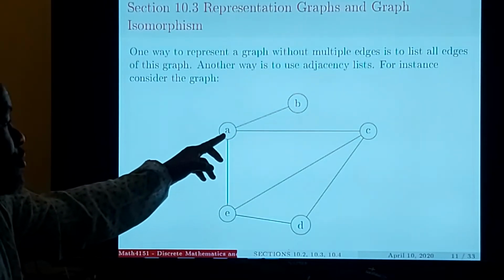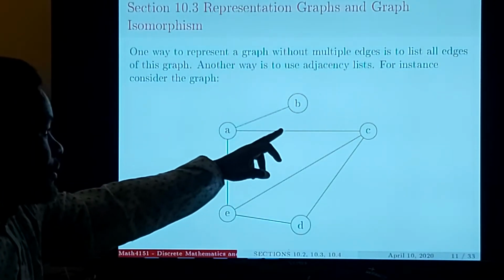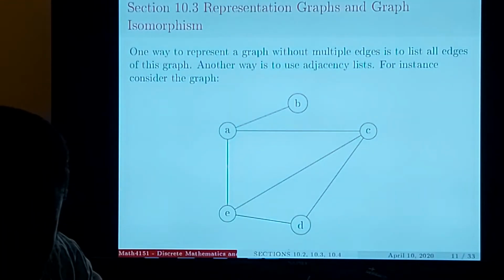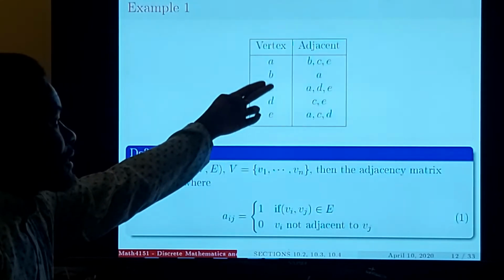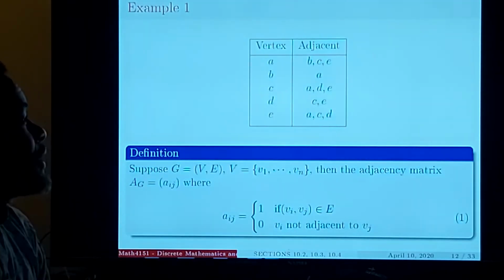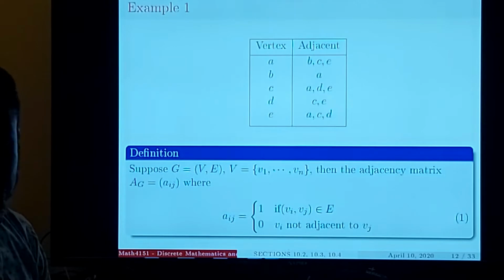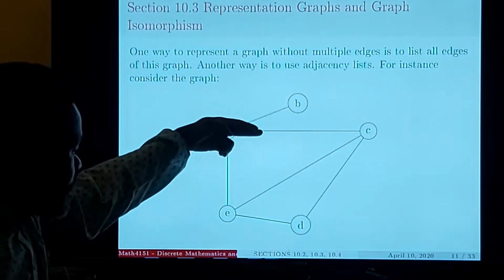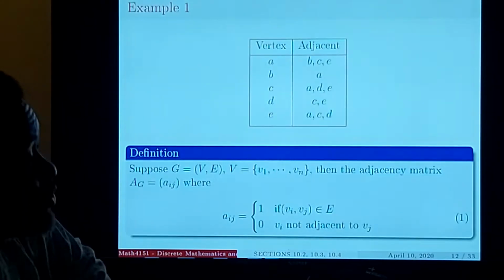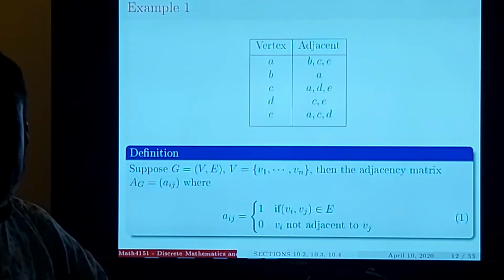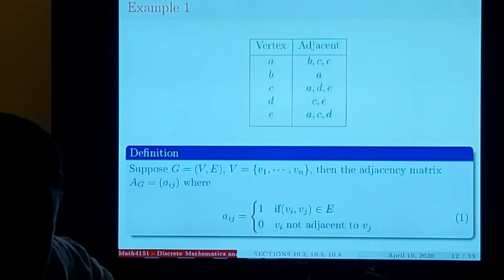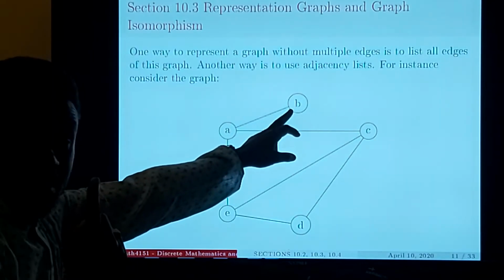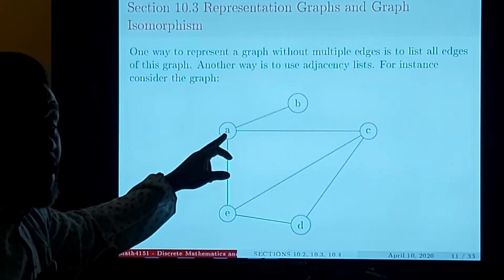A is adjacent to this vertex B, this vertex C, this vertex E. So we draw a table. We have each vertex, and then we list the vertices that are adjacent to it. So for instance, we said A is adjacent to 3 vertices, B, C, E. So if you go here, you will find B, C, E. If you look at B, it is adjacent to A only. Look at the graph. B is only of degree 1, remember degree, and it's only adjacent to A.